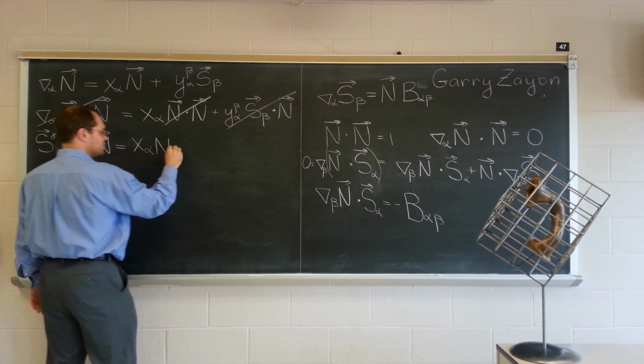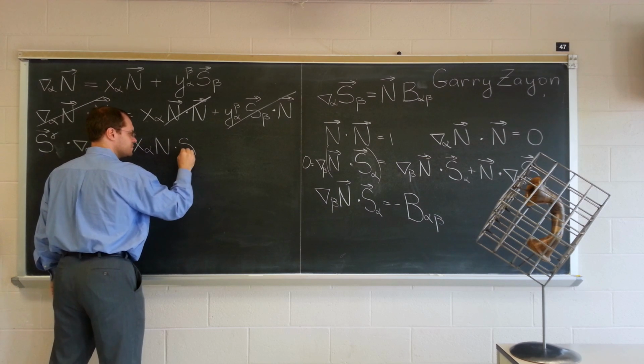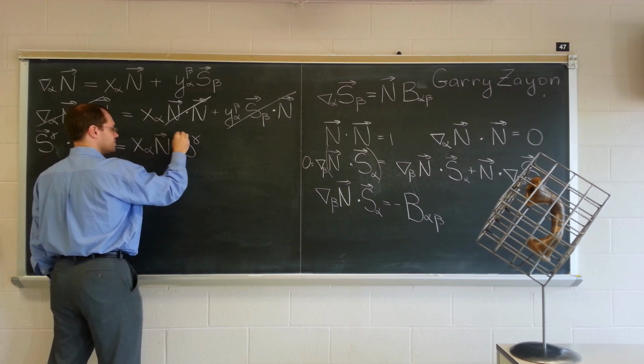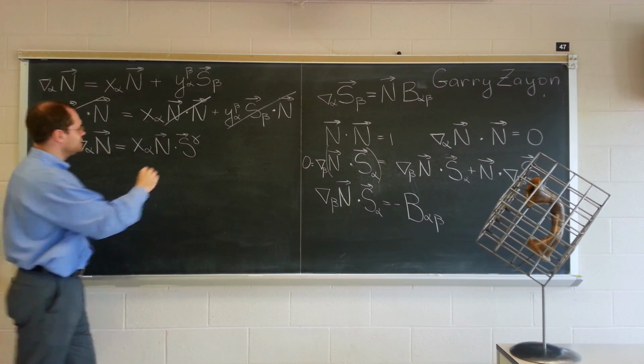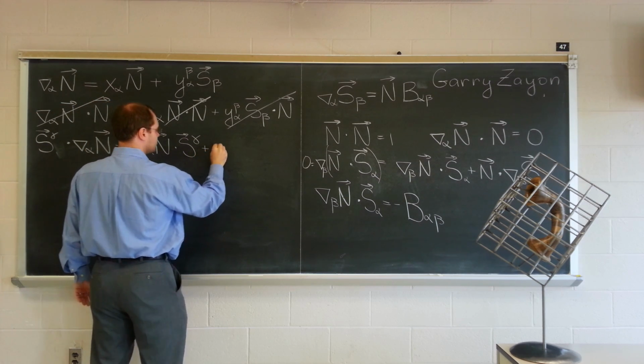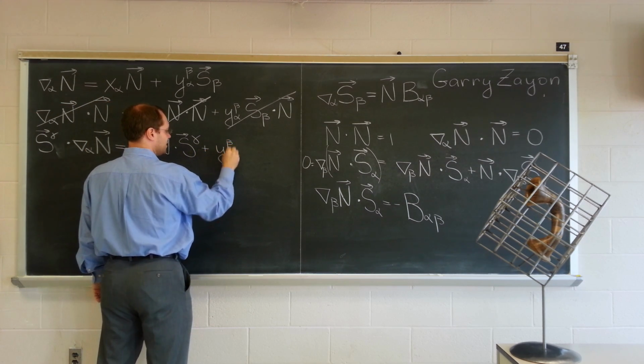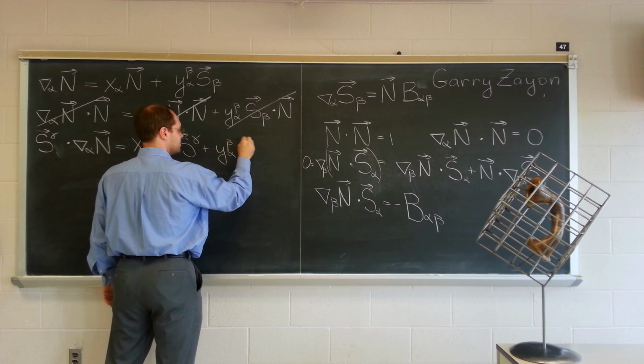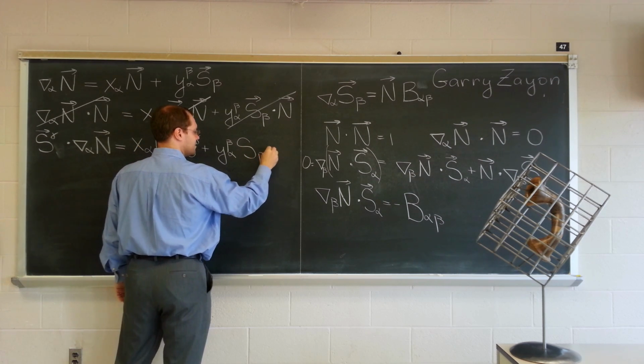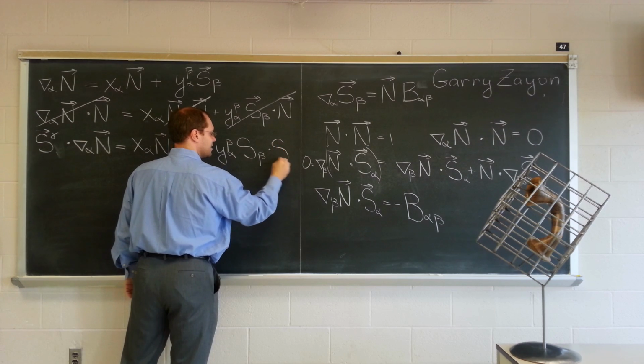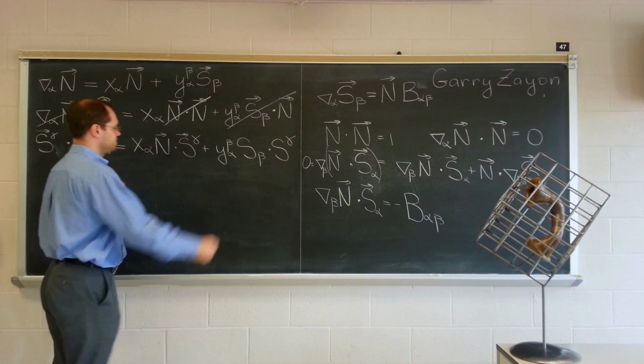Of course, the indices can move up and down quite freely, that's just index juggling, plus y beta alpha S beta dotted with S gamma.